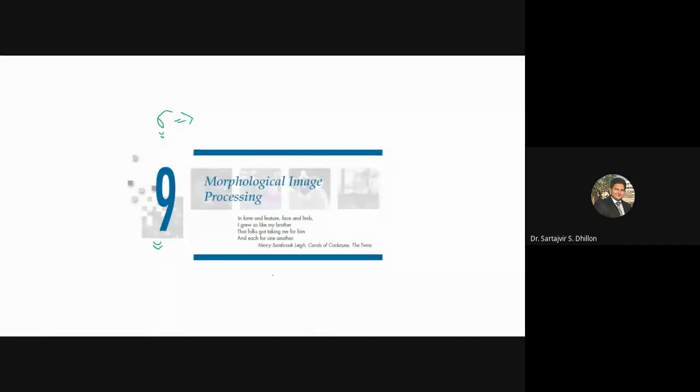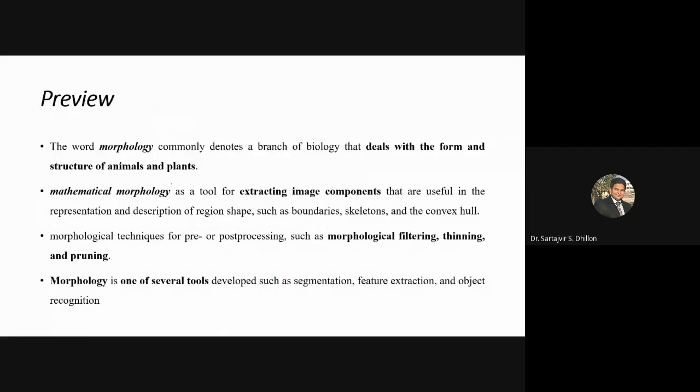Now the question is, what is morphology? Morphology is a branch of biology that deals with the structure of animals and plants. And what is mathematical morphology?